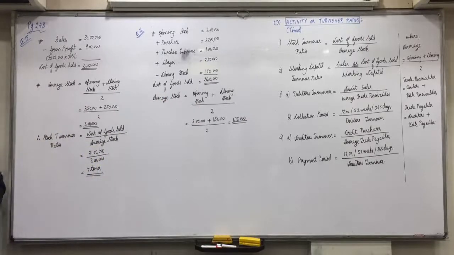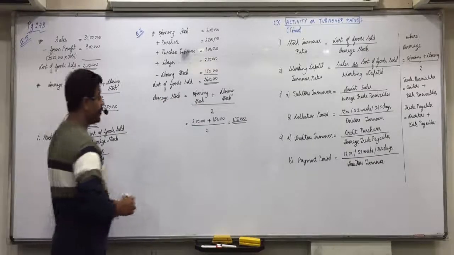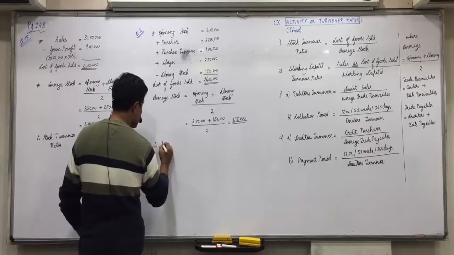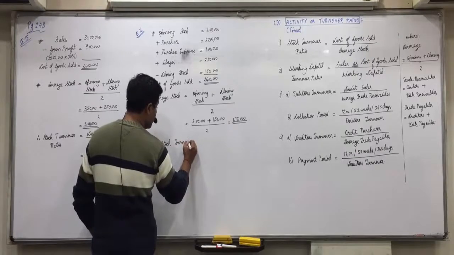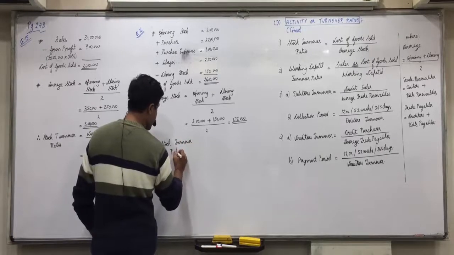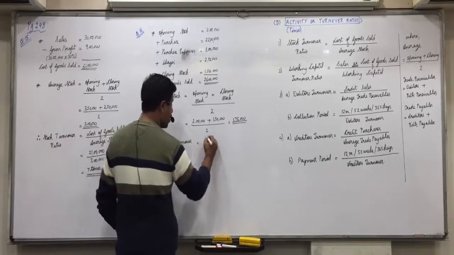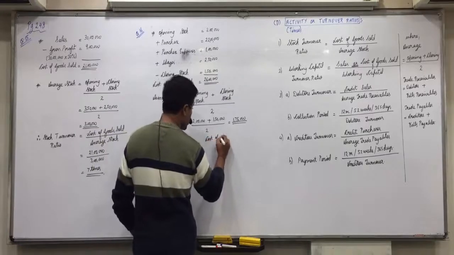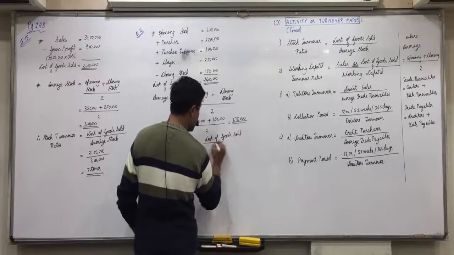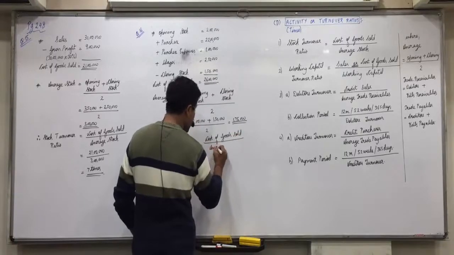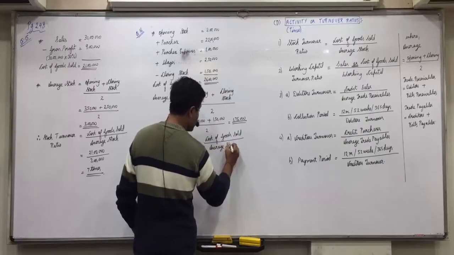Understood this everyone? Therefore, turnover ratio is equal to cost of goods sold divided by average stock.